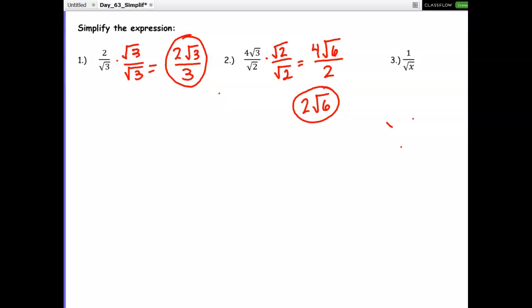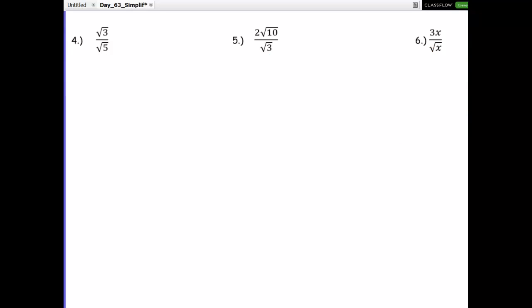Number 3, in the denominator, we have a radical x. So we're going to multiply by radical x over radical x. Works the same way with variables. When we go straight across, we end up with radical x divided by x, and that's our final answer. Number 4, in this case, we'll multiply by radical 5 over radical 5.